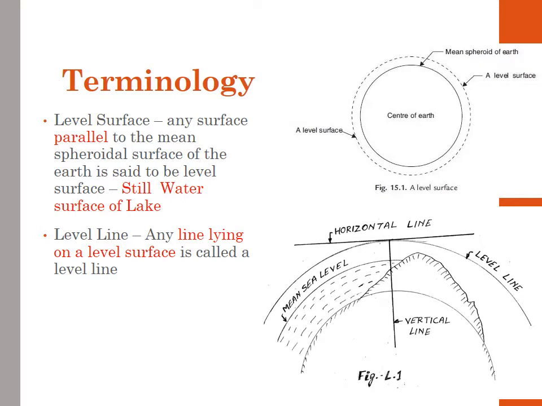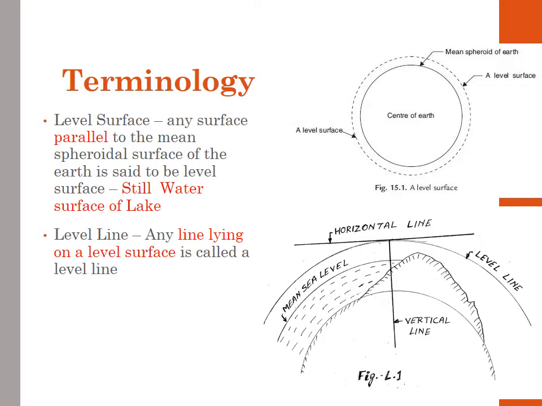Any surface that is parallel to the mean spheroid of the earth is called a level surface. For example, the water surface of a lake is a level surface.